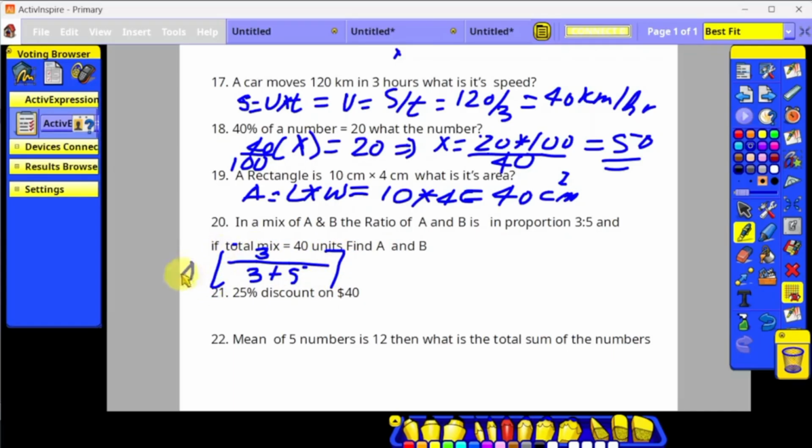A is equal to 3 over 3 plus 5, which is 8, times 40, and B is equal to 5 over 8 of 40. Hold on one second, let me write it again.